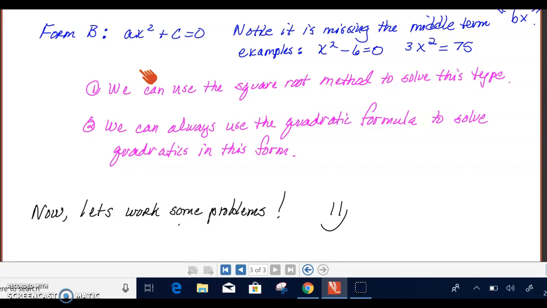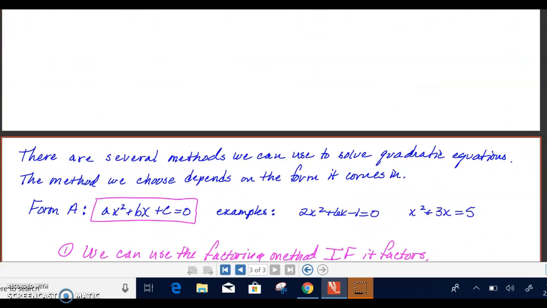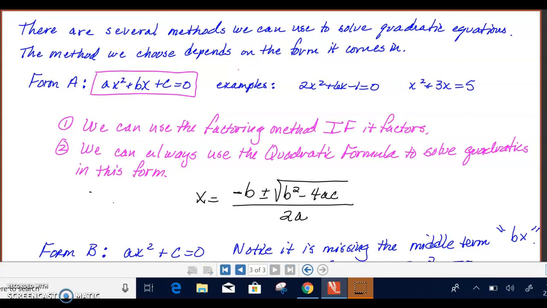Let me show you one last form that your quadratic may come in. The last form I want to mention is this form, form C, when you're given the form to be ax squared plus bx, and it's missing the c term. So if we go back up to the top here, the standard form is ax squared plus bx plus c.